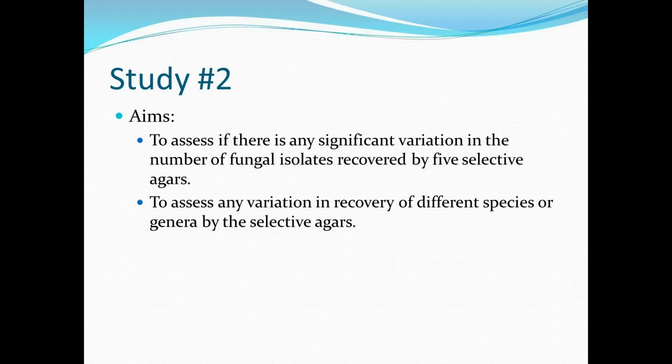The aim of this study was to assess if there was any significant difference in the numbers of fungal isolates recovered from these 5 agars, and also to assess any variation in recovery of different species or genera through these selective agars.